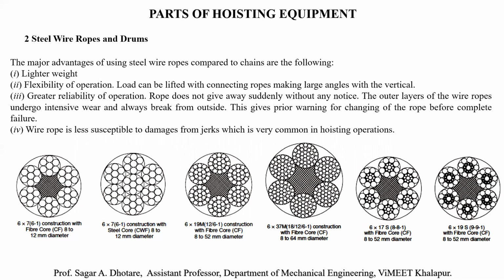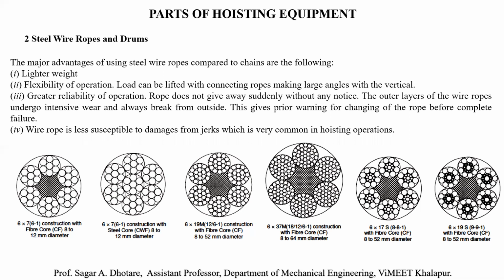A number of wires are twisted to make strands, and a number of such strands are twisted over a core made of hemp, absorber, or wire of softened steel. The construction details and breaking strength of the steel wire rope are specified in Indian Standard IS 2266:1989. Steel ropes are generally used for special purposes.